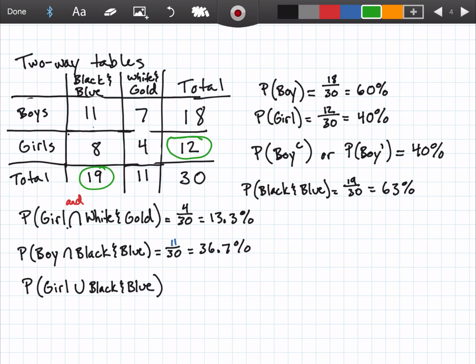But notice, if I just add those together, I have double counted this group here. So I actually have to subtract that 8 because 8 has already been accounted for in either the girls or the black and blue. So 19 plus 12 minus 8 is 23. And we get a 76.7%.